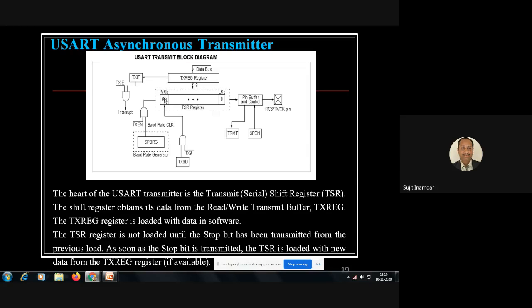So this will be the 9th bit. So that is controlled. And once the baud rate is finalized, data is sent to the buffer register. That is also controlled by TRMT and SPEN.